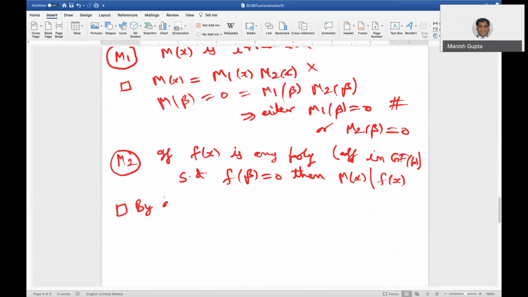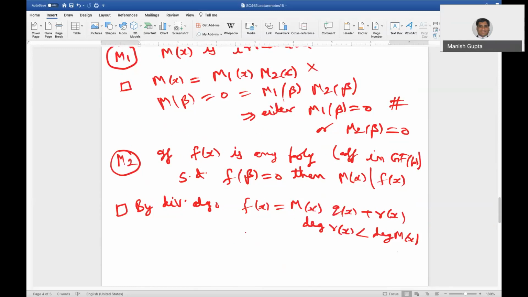By the division algorithm, we can write f(x) is equal to m(x) into some quotient polynomial q(x) plus r(x), where the degree of r(x) is less than the degree of m(x). Now put x equal to beta on both sides.